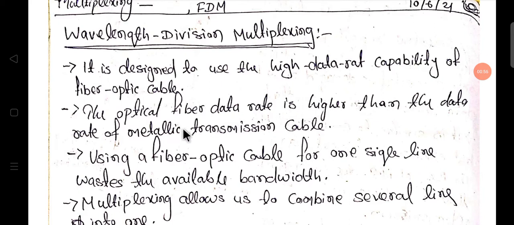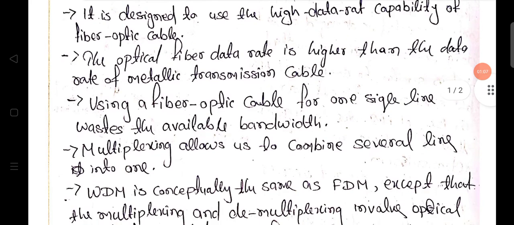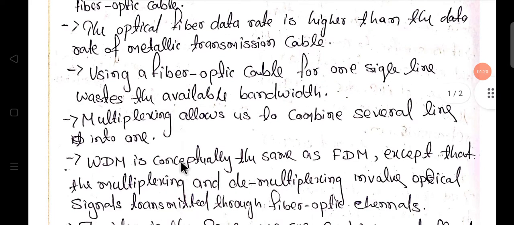Using a fiber optic cable for one single line wastes the available bandwidth. If we use a whole fiber cable to send one data, we waste the bandwidth of that fiber cable. So multiplexing allows us to combine several lines into one, and then we transmit that through the fiber cable.